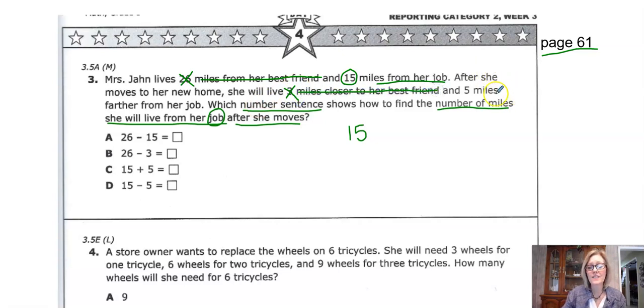And 5 miles farther from her job. Now, if she's farther away, that means she's going to have to be more than 15 miles away. So am I going to add the 5 or am I going to subtract the 5?